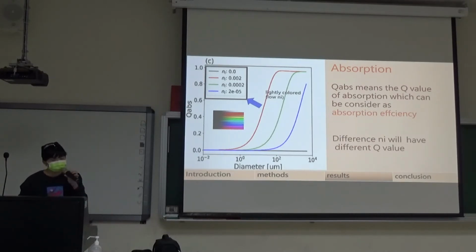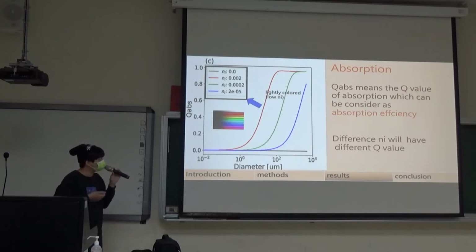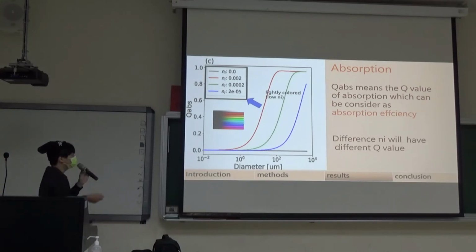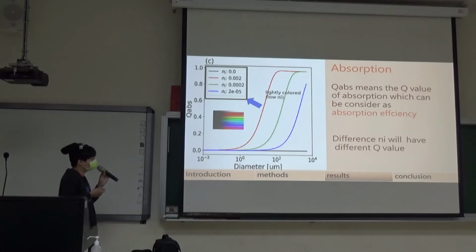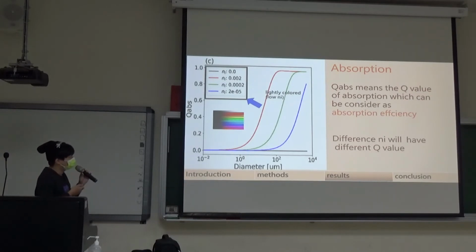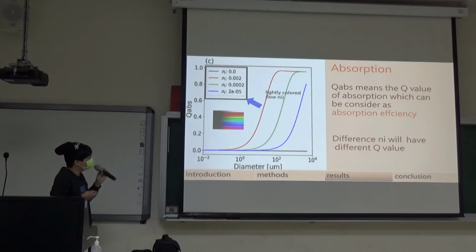Different Ni will have different Q values. When the size of the particle gets larger, the ability of the particle to absorb light gets larger. Besides the line where light is not absorbed, all the colors get larger as the size gets larger.